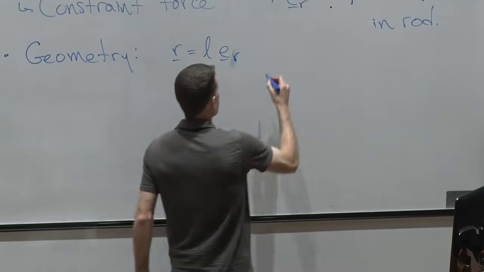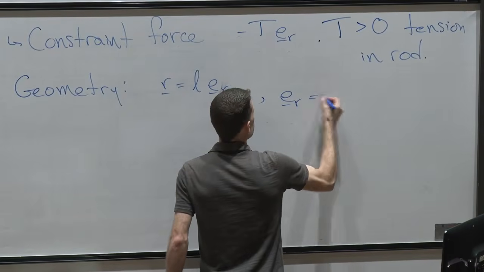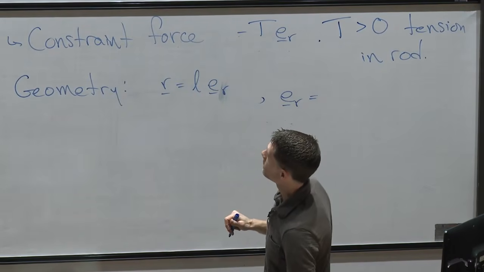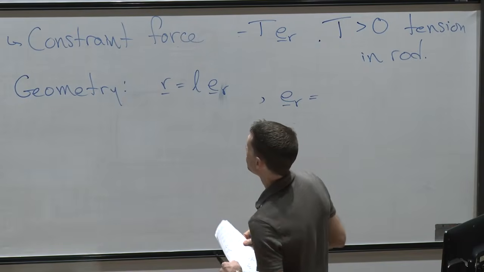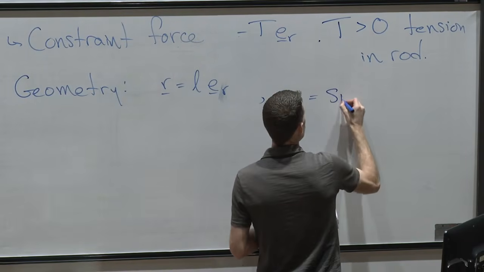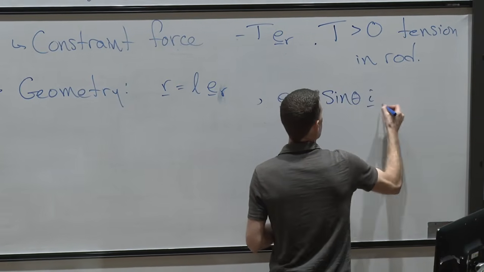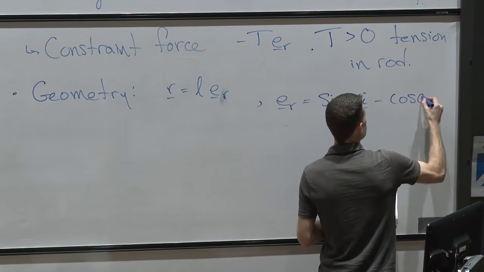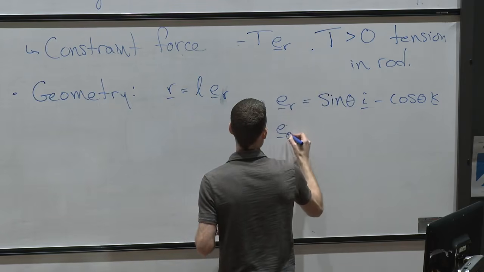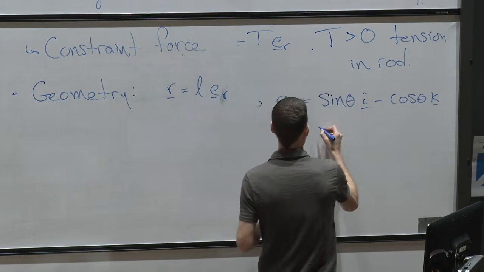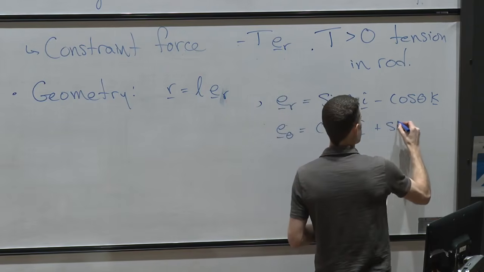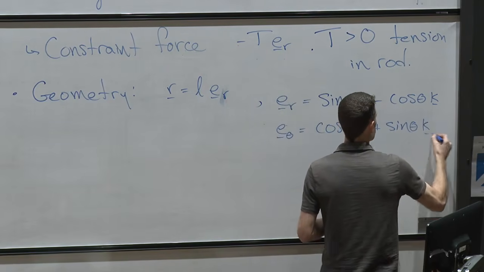And note that ER, if I convert that to the x and the z components, ER has a sine theta i minus cosine theta k. E theta, perpendicular to that, is a cosine theta i plus sine theta k.